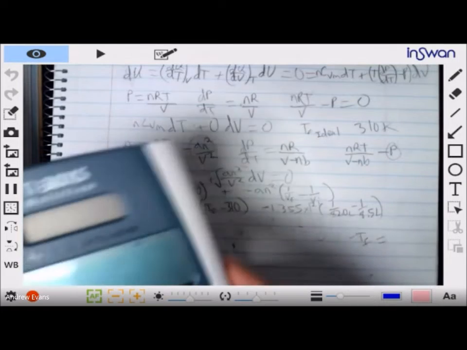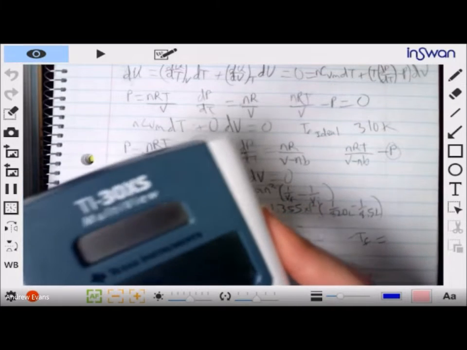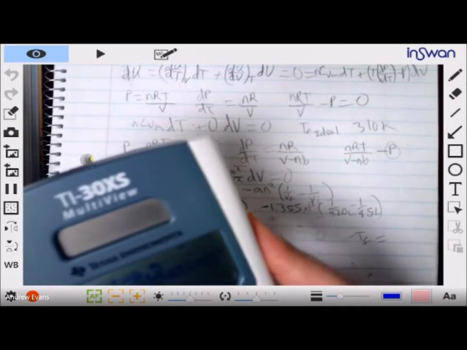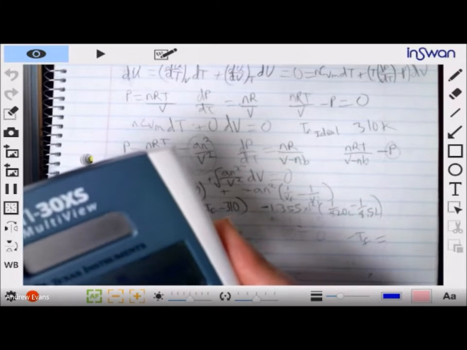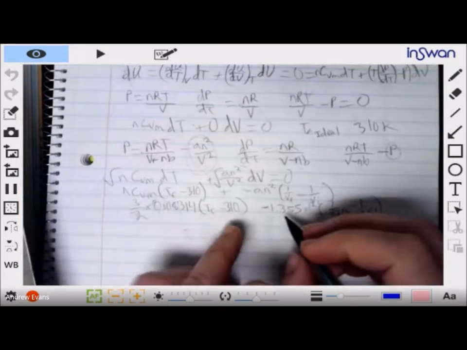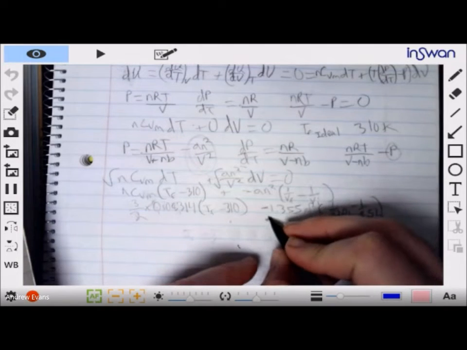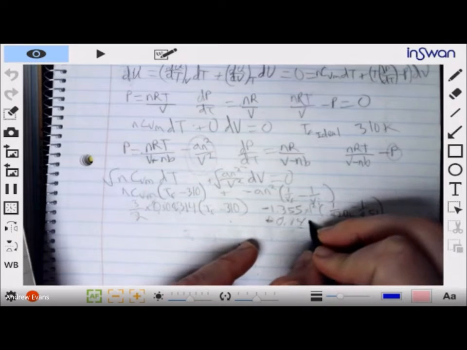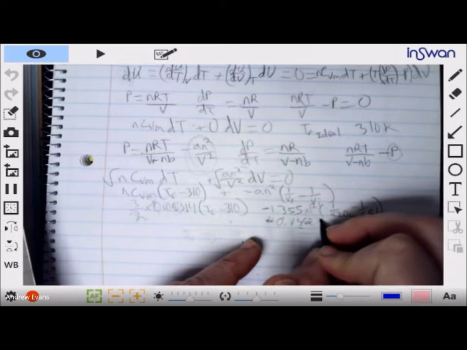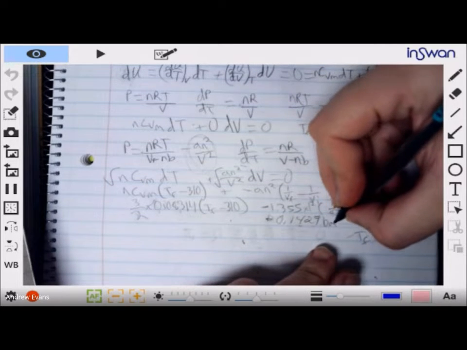The right term, 1 over 82 minus 1 over 8.5 times our negative 1.355, gives us this right term to be positive 0.1429, and that would be bar liters.